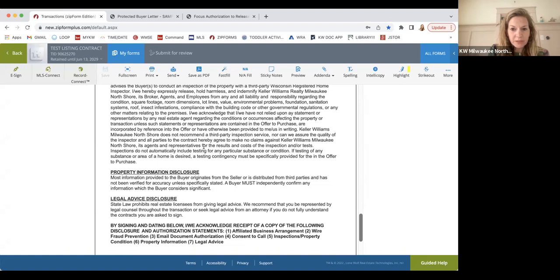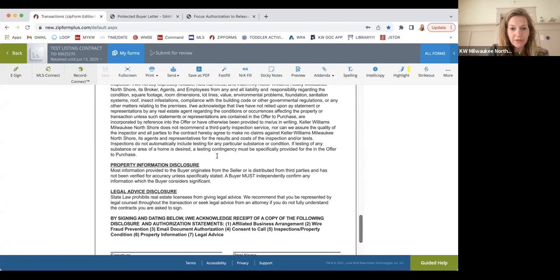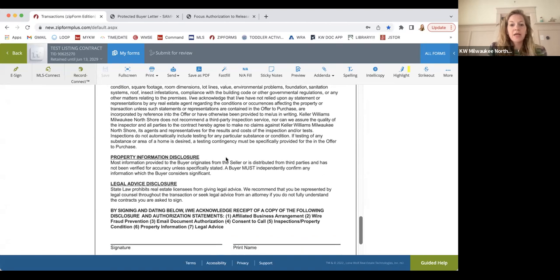There's one more point that I want to make here. Keller Williams Milwaukee North Shore does not recommend a third-party inspection service. I want to point that out as well, that when you're giving recommendations for home inspectors, you are giving multiple names to your clients.